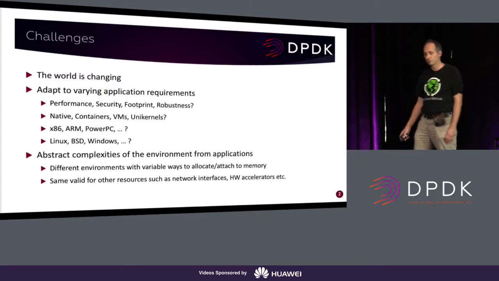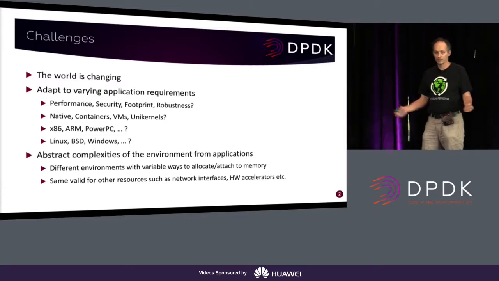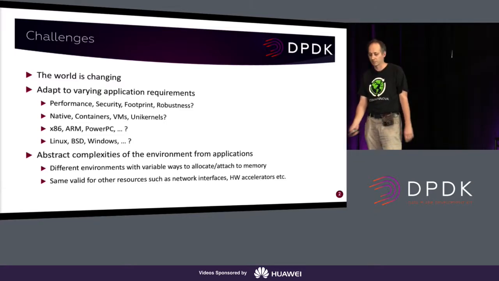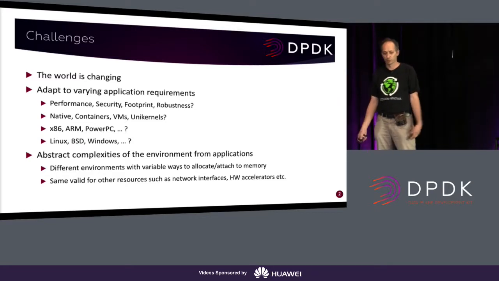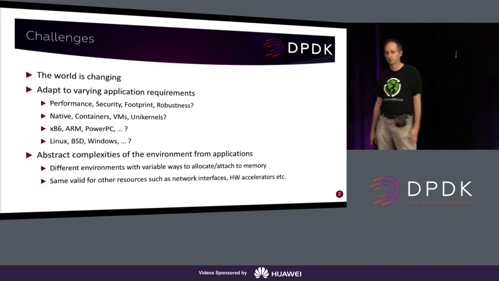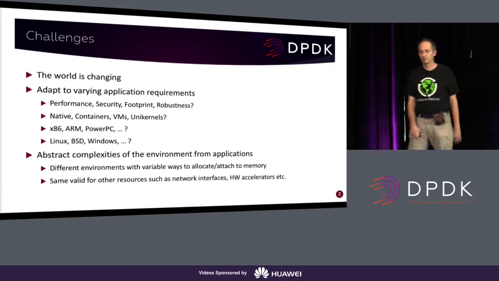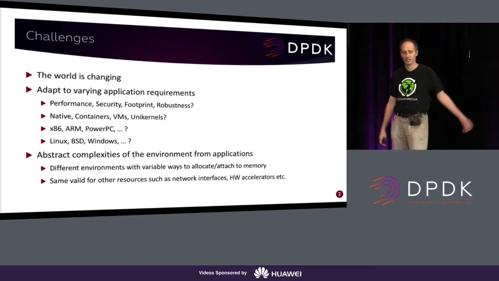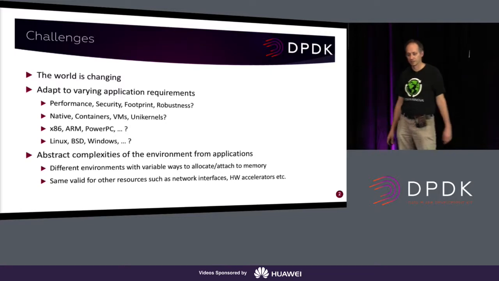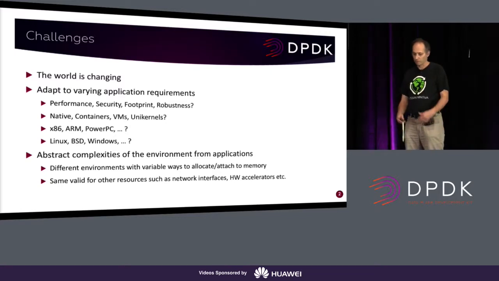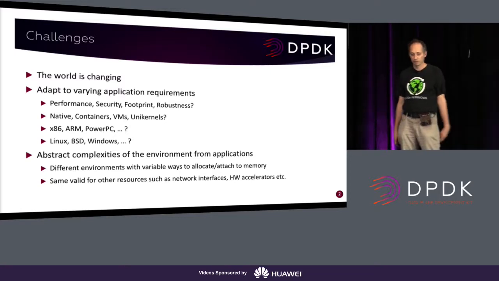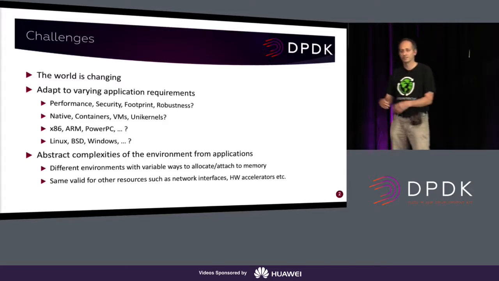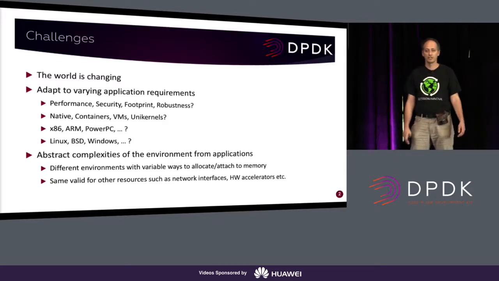The problem is that applications have different requirements, like performance, security, footprint, and robustness. These require different types of memory, like shared memory versus packet copying. And we have native containers, VMs, unikernels, x86, ARM, so different architectures we need to adapt to.